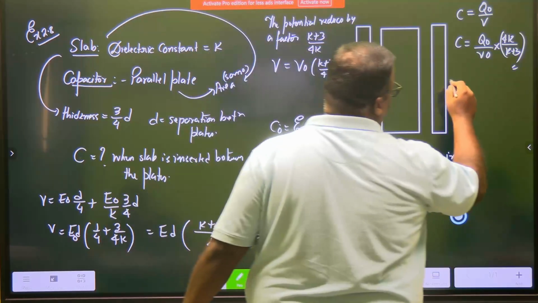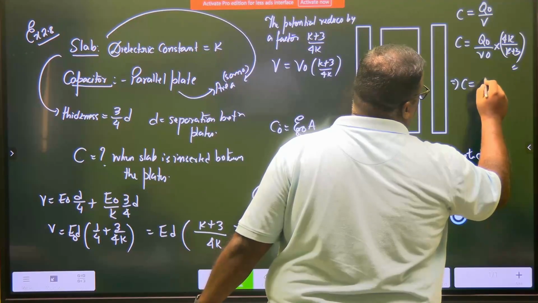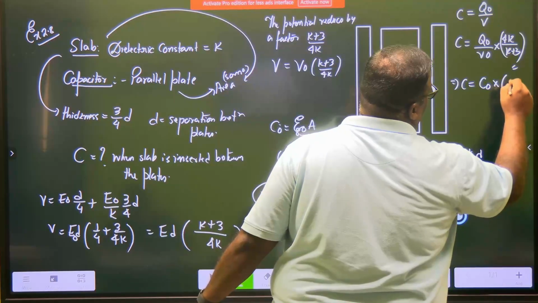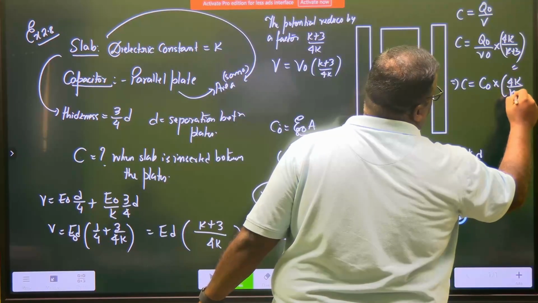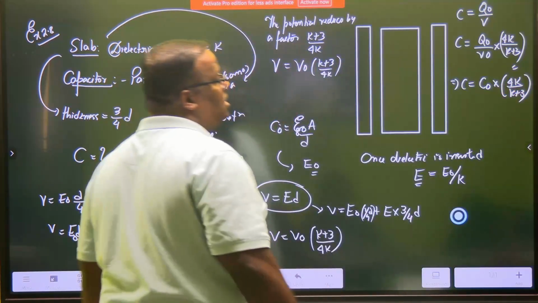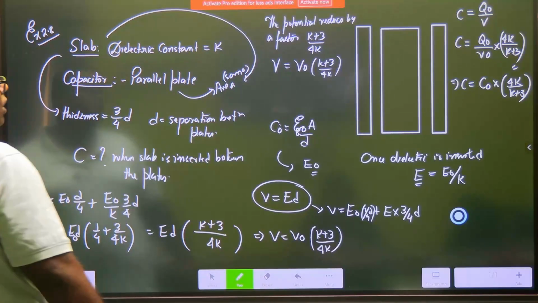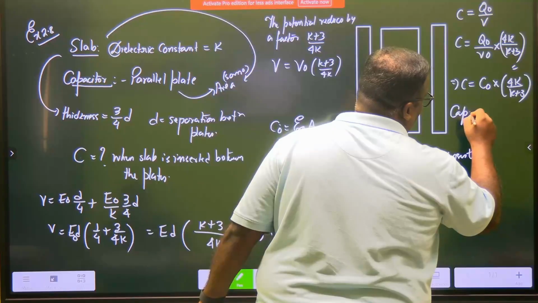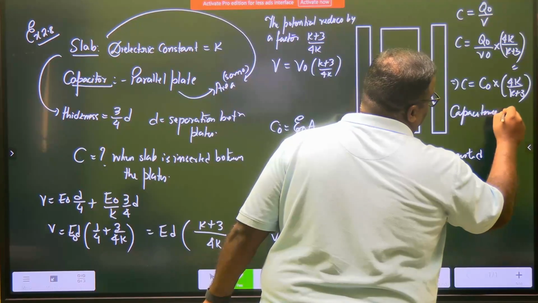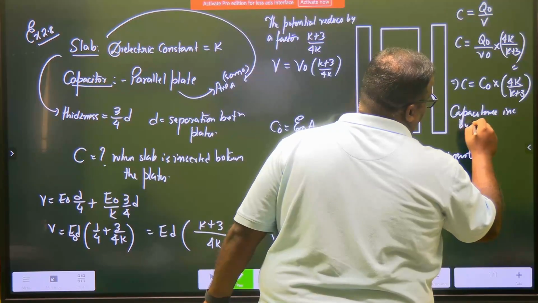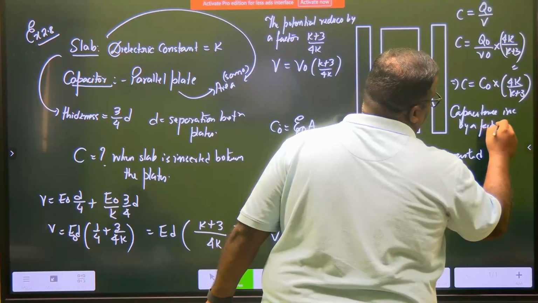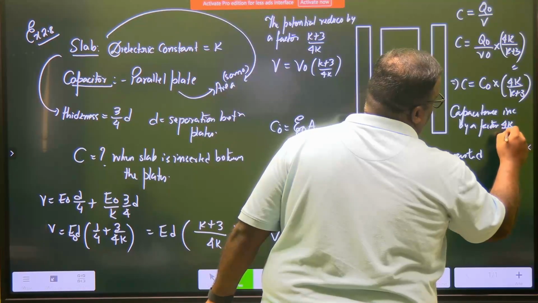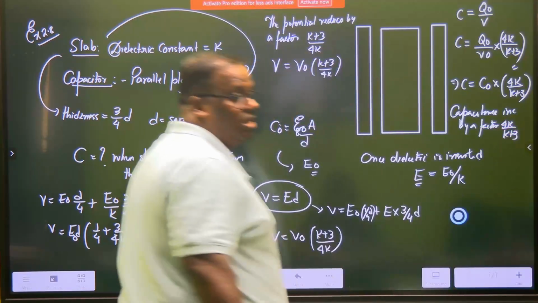So your new capacitance is the previous capacitance multiplied by 4K by (K plus 3). Means the capacitance increases by a factor 4K by (K plus 3). We'll revisit, don't worry.